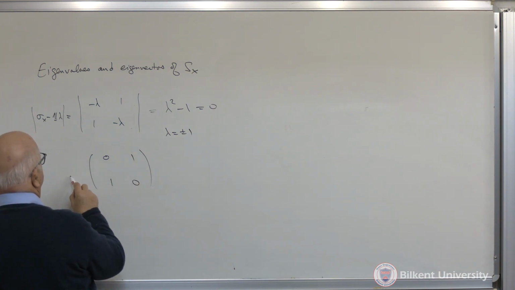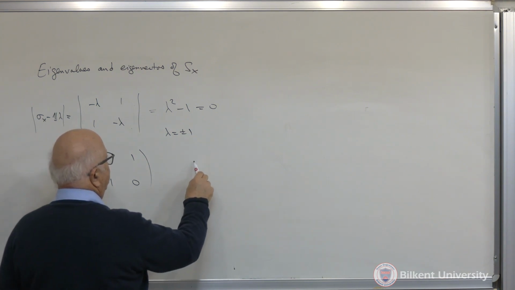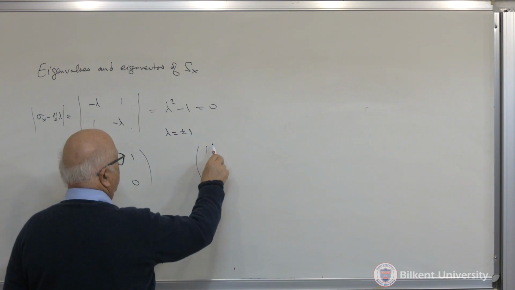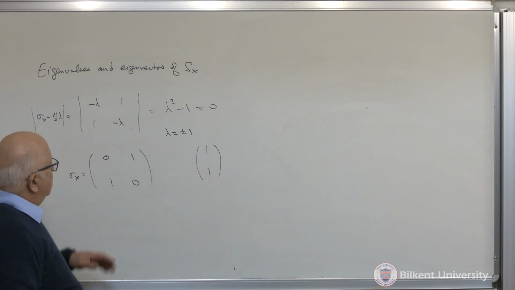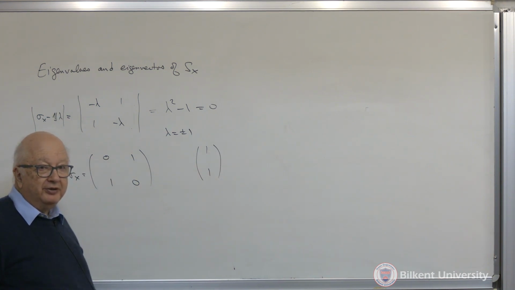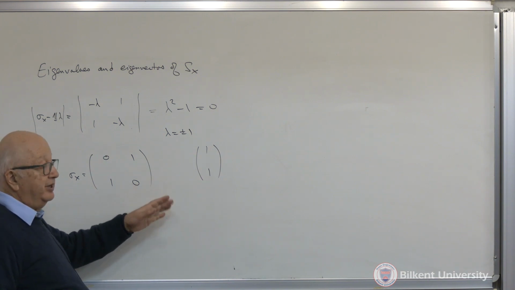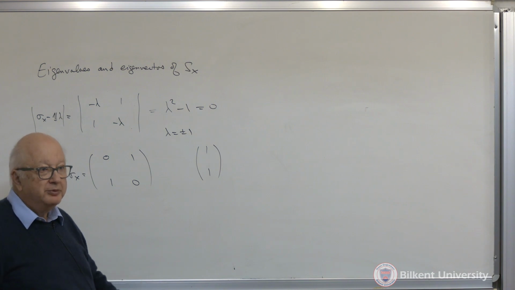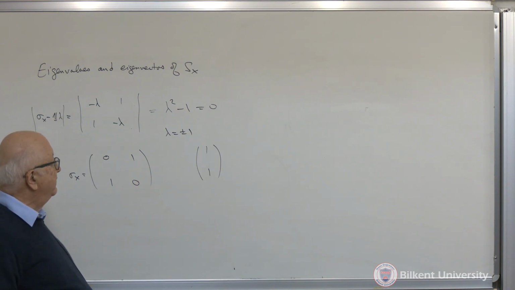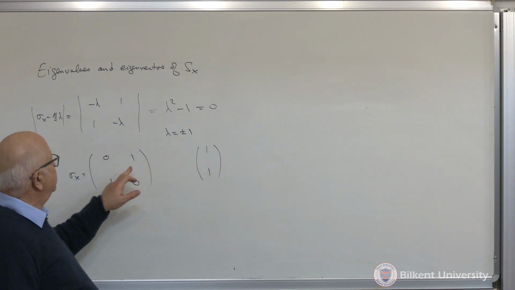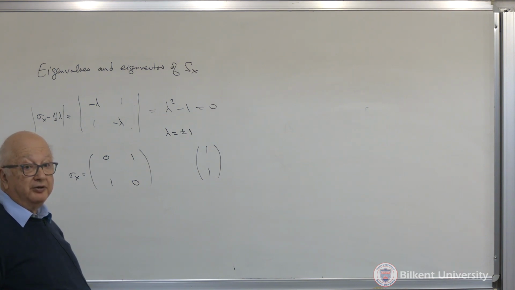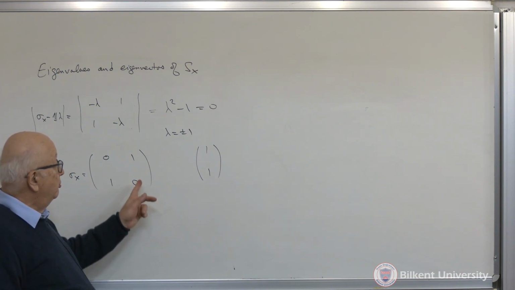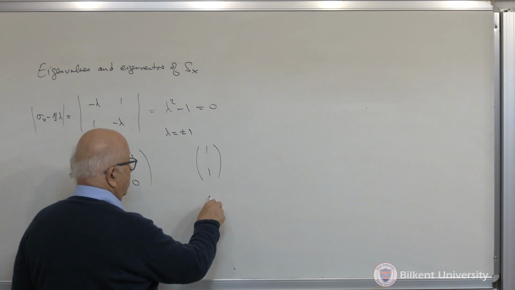That's our sigma x. You can very easily see that something like 1, 1 works. You don't have to calculate the eigenvectors each time you see these matrices. After a while, when you do this 132 times, it becomes sort of a reflex. If you multiply this by that, you get the same vector, so this corresponds to lambda equals 1.